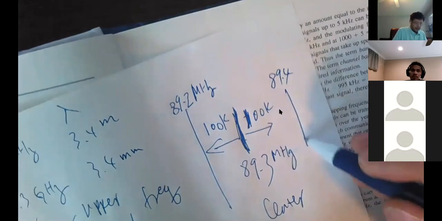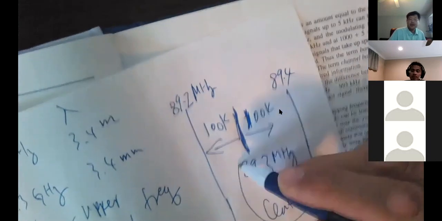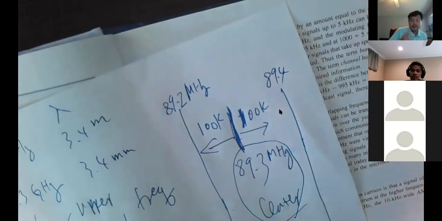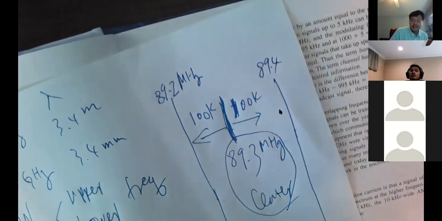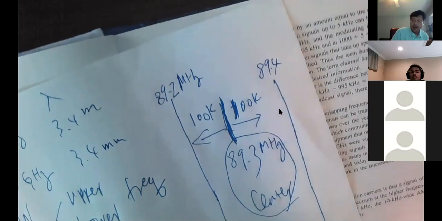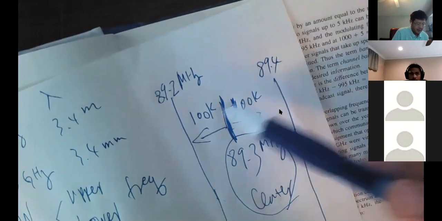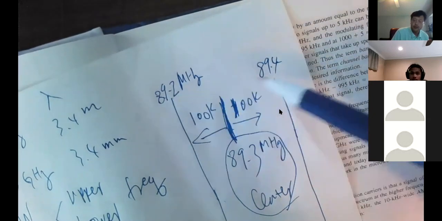So when we talk about 89.3, we are talking about the center frequency. But actually, that station owns 89.2 to 89.4 megahertz.